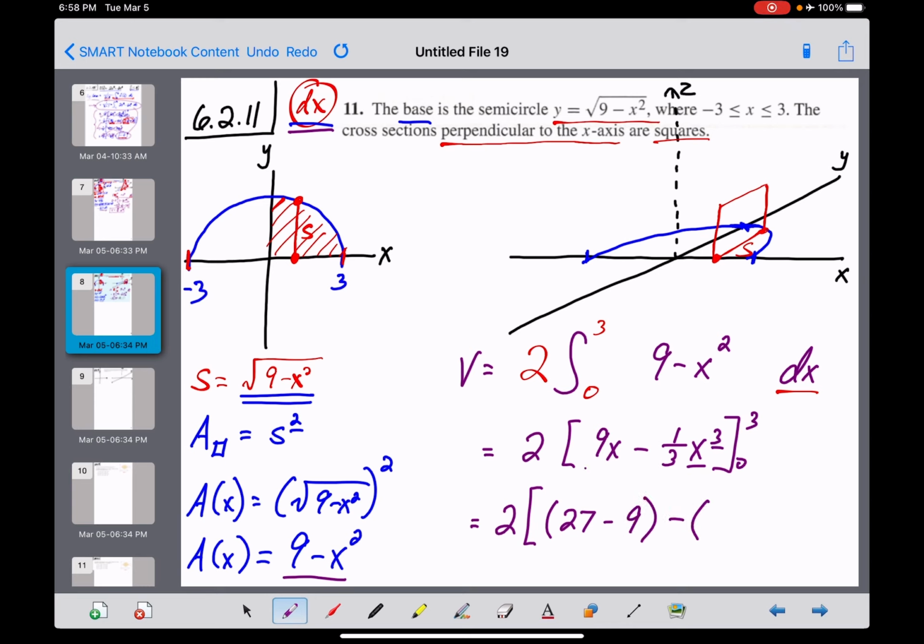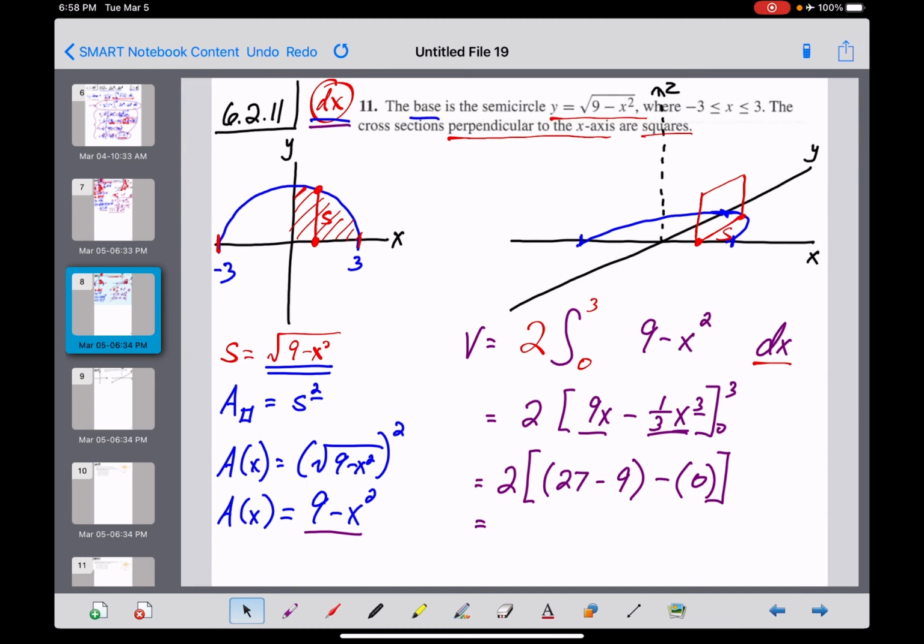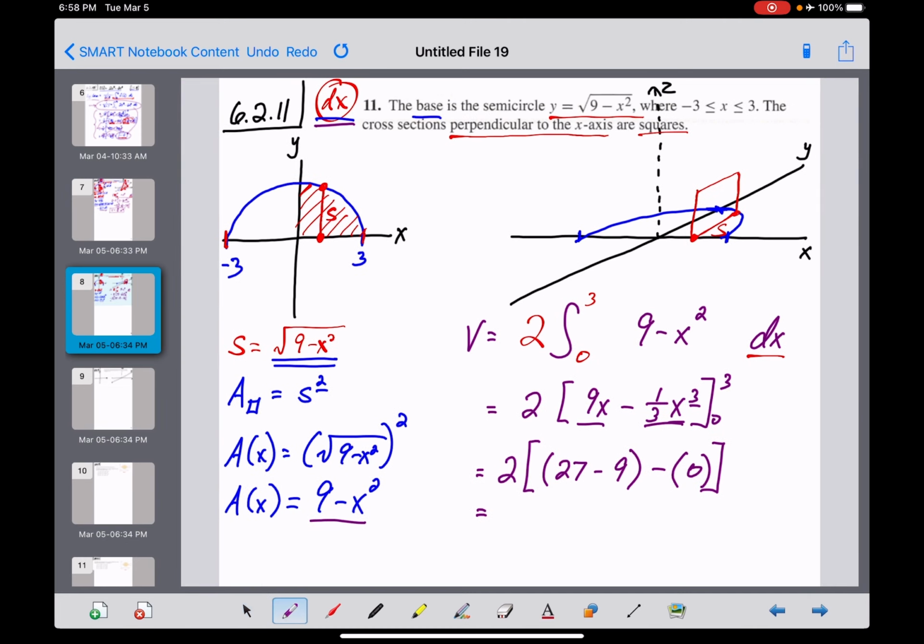Minus, and when you go to put the 0 in here and here, you just end up with 0 as well. All right, what do we got, guys? 27 minus 9 is 18, minus 0 is 0, and 2 times 18 is going to get us a nice round number, 36 cubic units for the volume of this solid here in problem number 11.